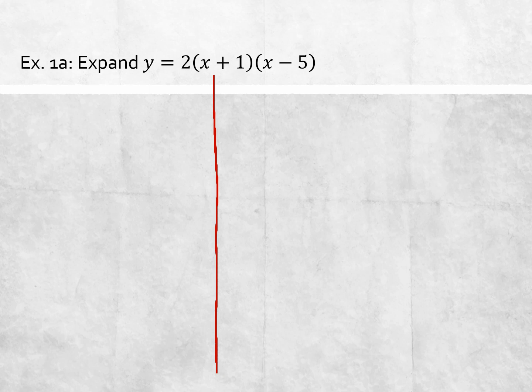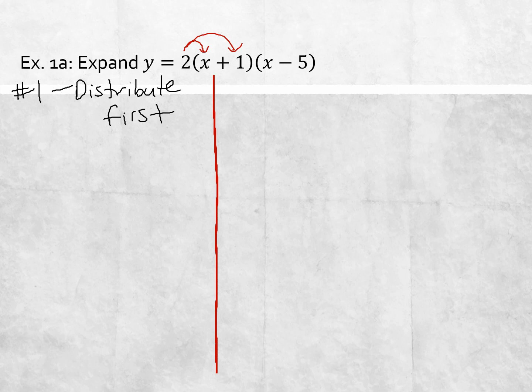So we'll say this is method number 1, and this would be to distribute first. And what I mean by distribute first is you are going to multiply this 2 into there first.